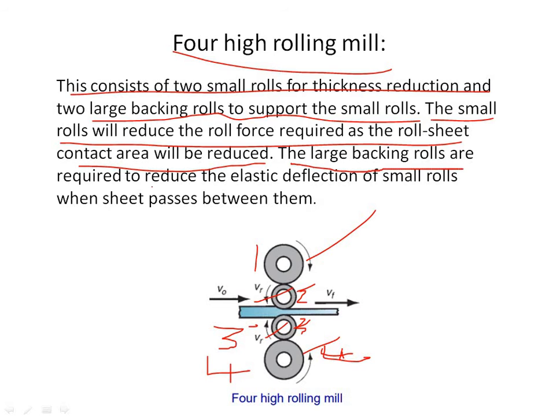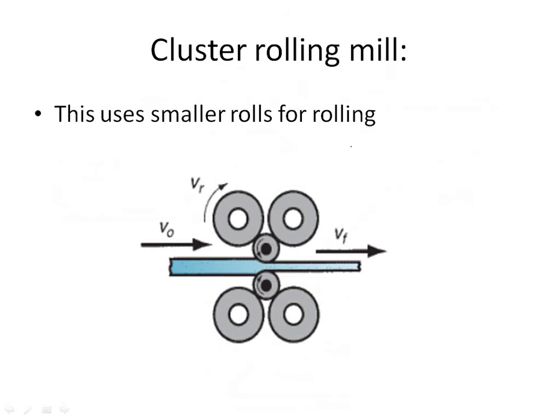The large backing rolls are required to reduce the elastic deflection of the small rolls when the sheet passes between them. Do you all get it? So this is the difference between four high rolling mills and three high rolling mills.